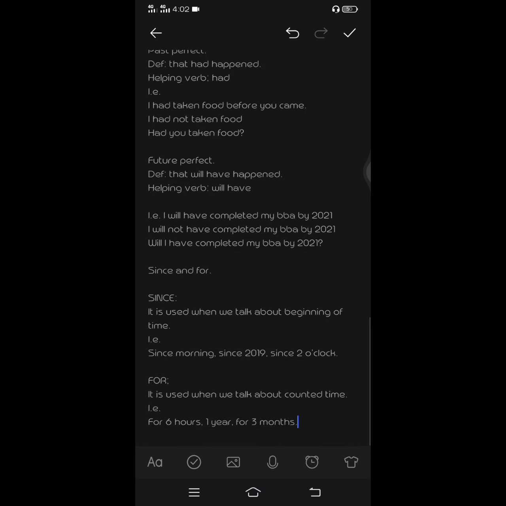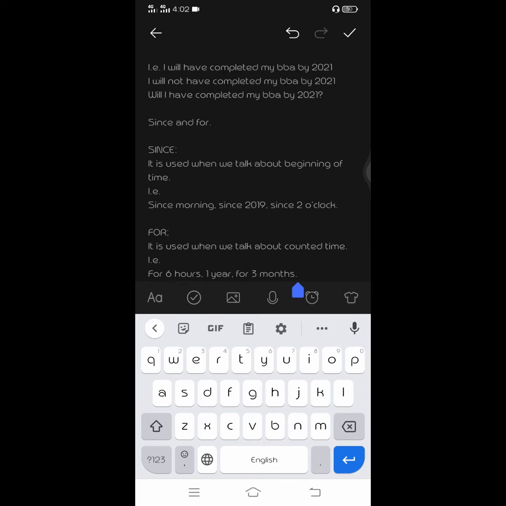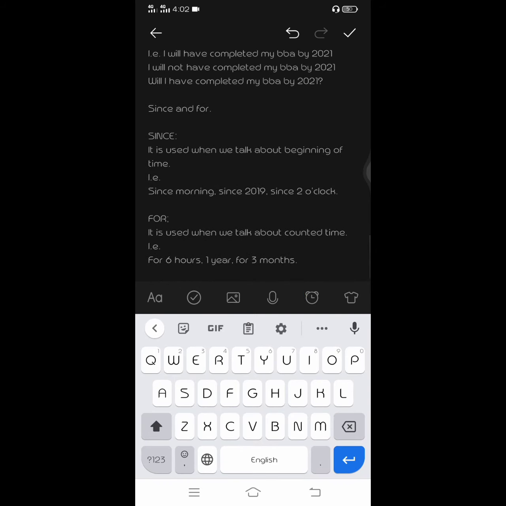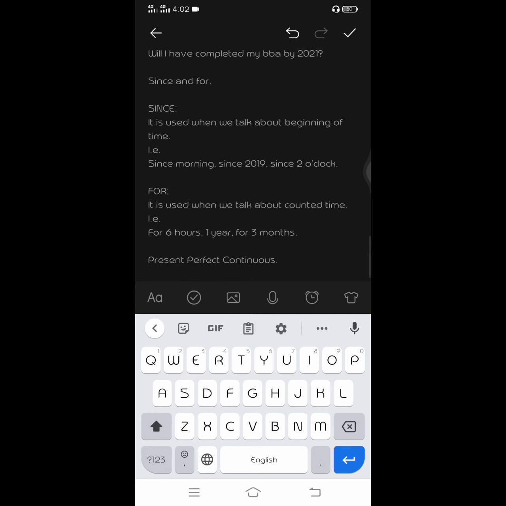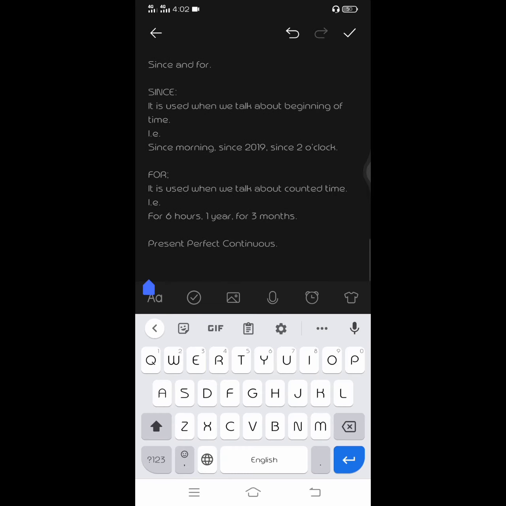I hope and expect that you have understood where we use since and where we use for. Now, let's go ahead and learn present perfect continuous tense. Guys, there is not much difference between present continuous and present perfect continuous tense.